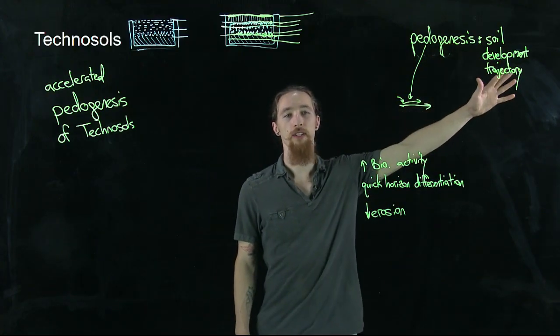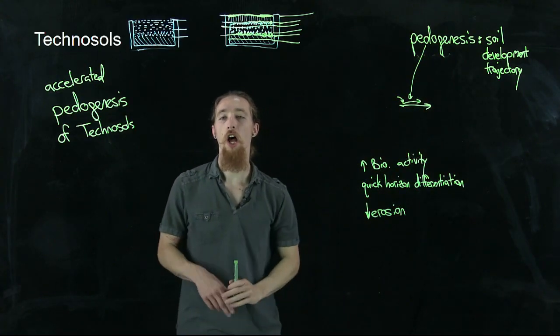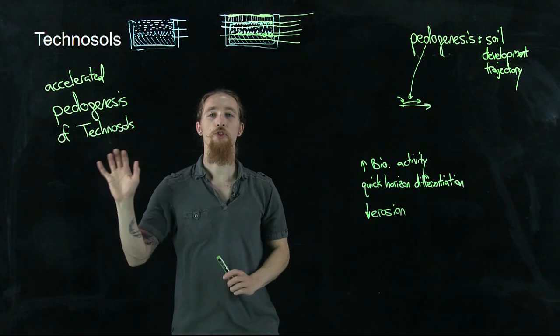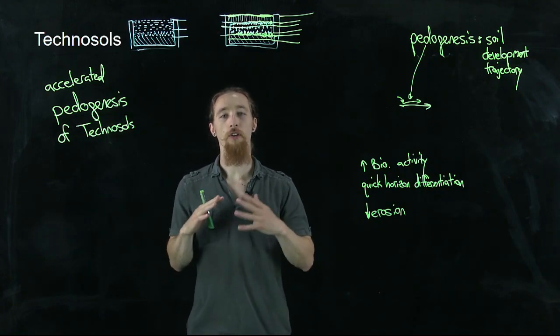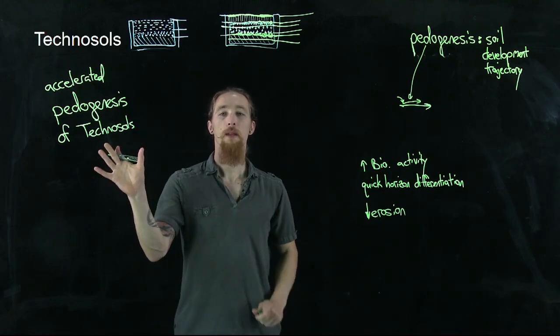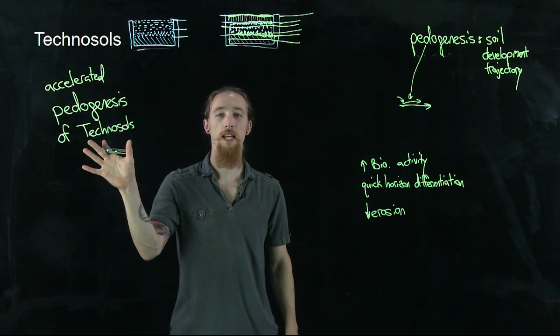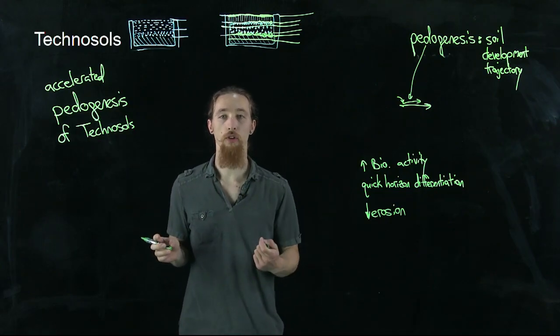All soils have a development trajectory, things which act upon them and move them in a certain direction. But with technosols, certain things are happening, kind of a meeting of a lot of coincidences, I guess. Part of it is that the time we are starting to create these soils coincides with a generally favorable global climate.